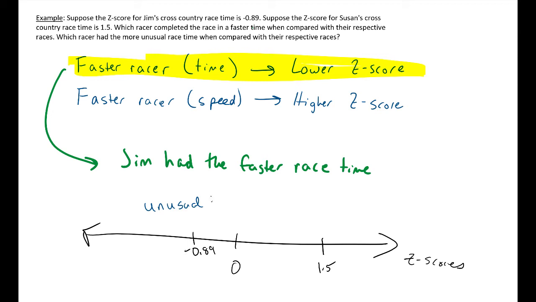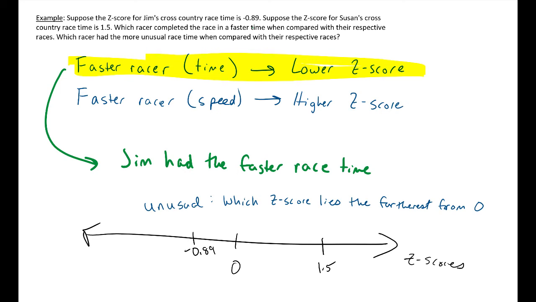Unusual means which z-score lies the farthest from 0. Which z-score is just the farthest away from 0.